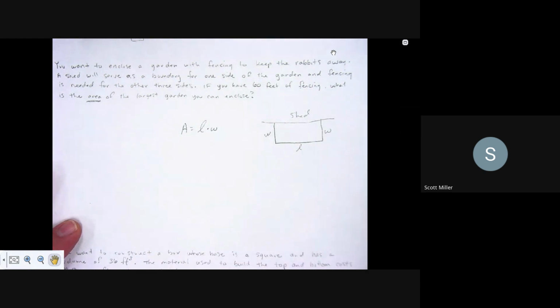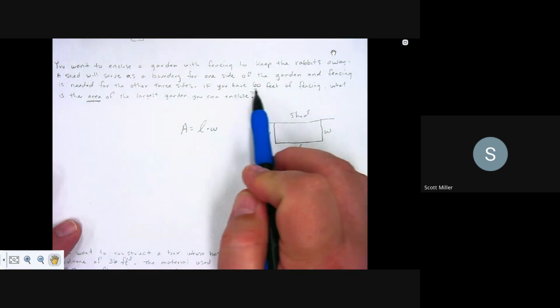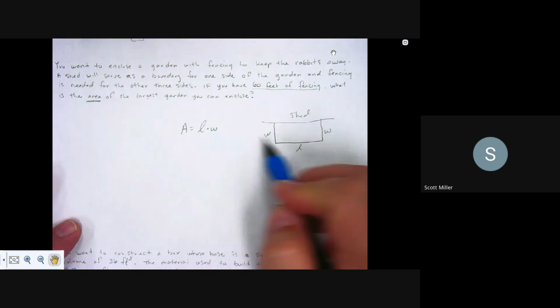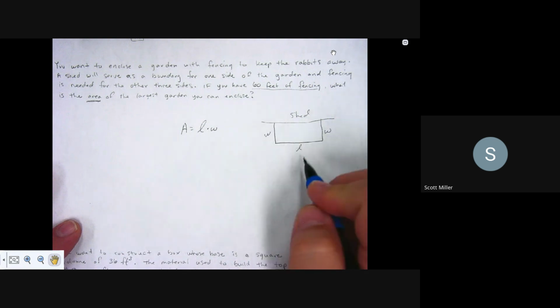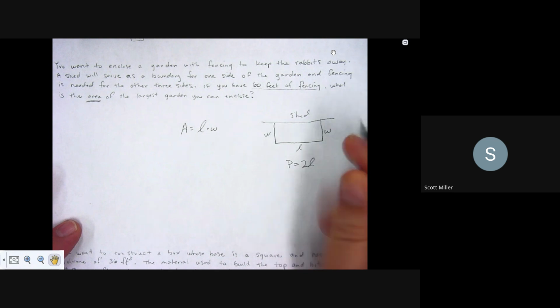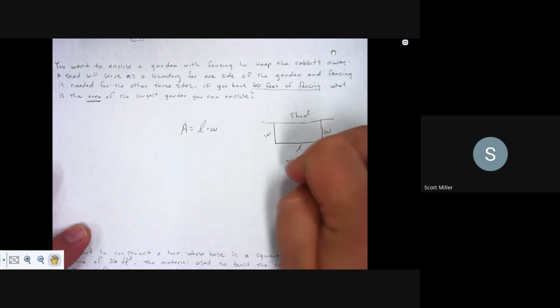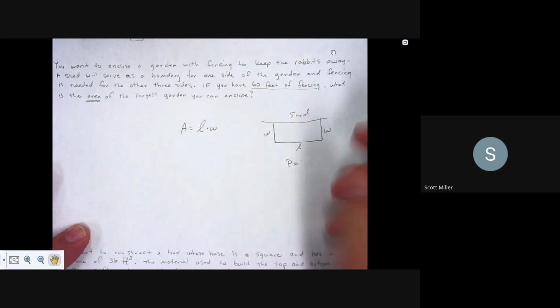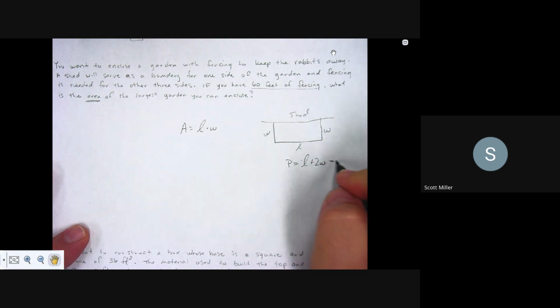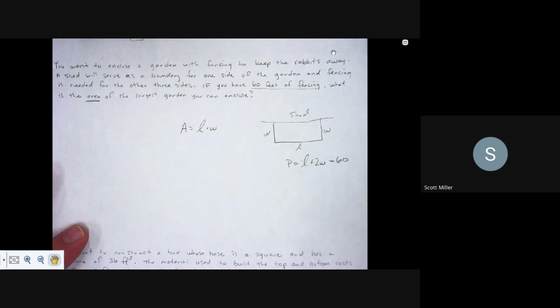So what could I possibly use? Well, they said I have 60 feet of fencing. So the fencing to go around it is a perimeter, and that is my secondary equation. So the perimeter is 2, sorry, in this case there's only 1 length and 2 W's, and I know that has to be 60 feet of fencing.